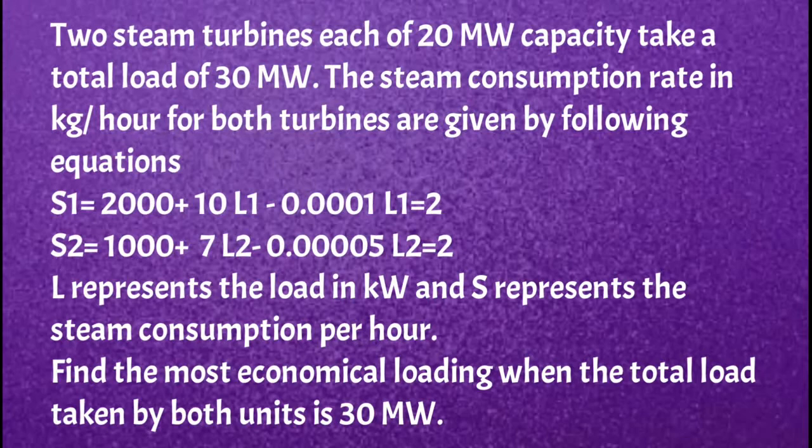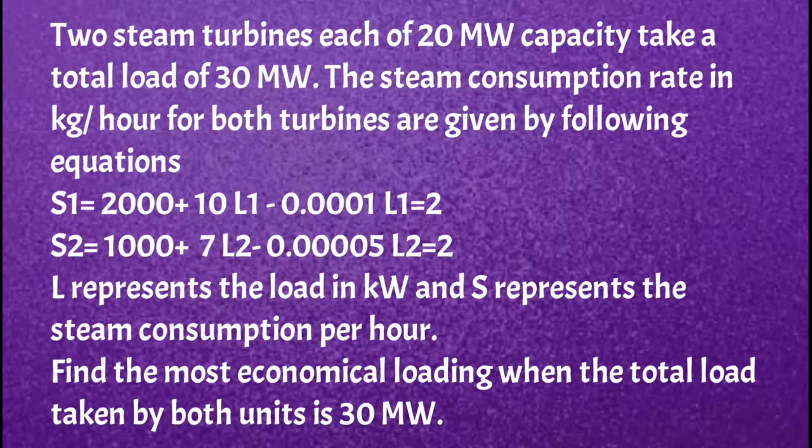S2 is equal to 1000 plus 7 L2 minus 0.00005 L2 square. L represents the load in kilowatt and S represents the steam consumption per hour. Find the most economical loading when the total load taken by both units is 30 megawatt.